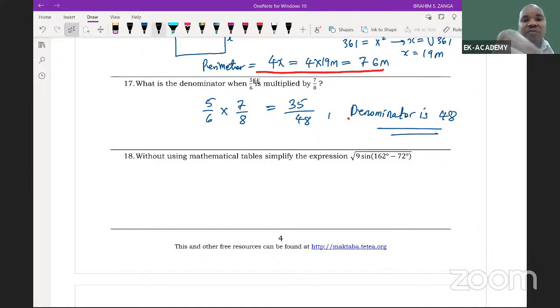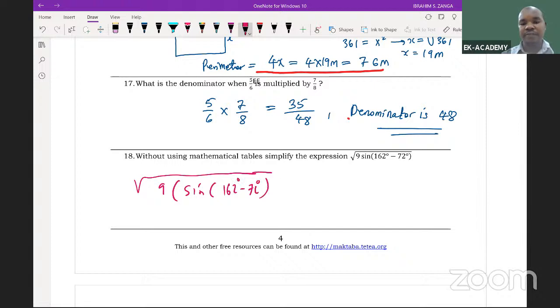We were given an expression to simplify, and the expression is square root of 9, which I can rewrite here, square root of 9, in the bracket, sine of (162 minus 72) degrees.